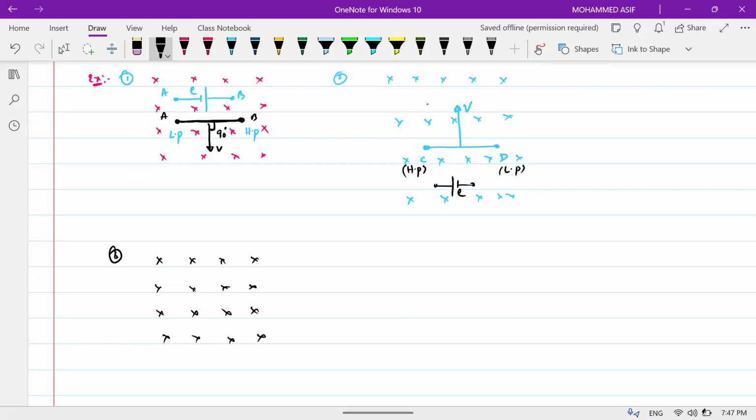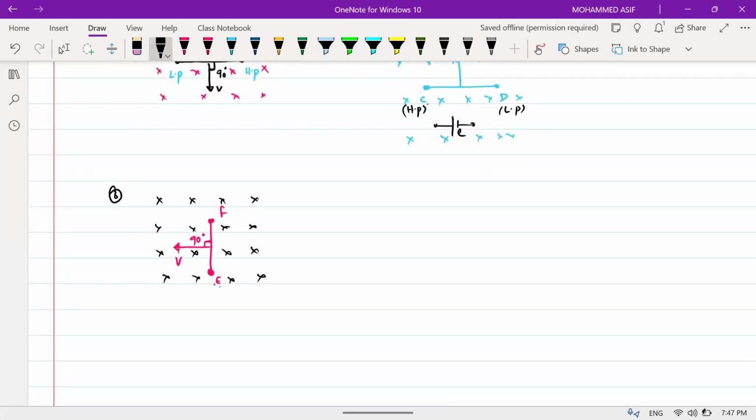This is the magnetic field into the paper. If there is a rod right now, this is a rod. These are the terminals A, B, C, D. I'm taking this one as E. This one is F. And this is moving in this direction with a velocity V, making an angle of 90 degrees with the length of the conductor. Now tell me which terminal is higher and which terminal is lower. Take your right hand.